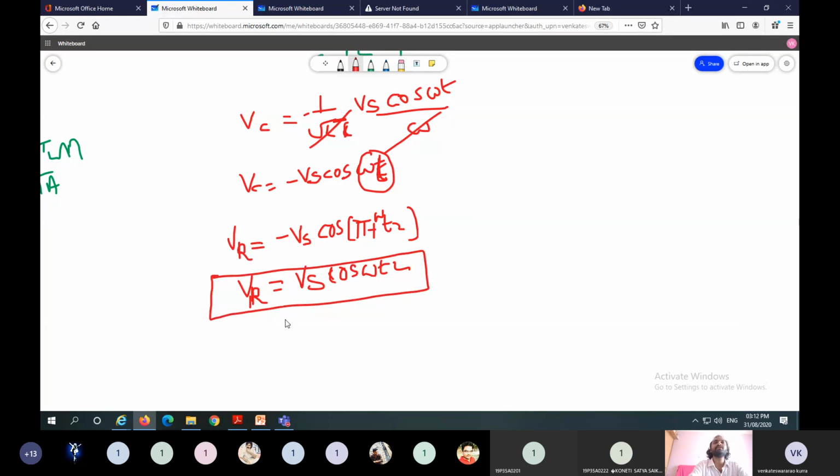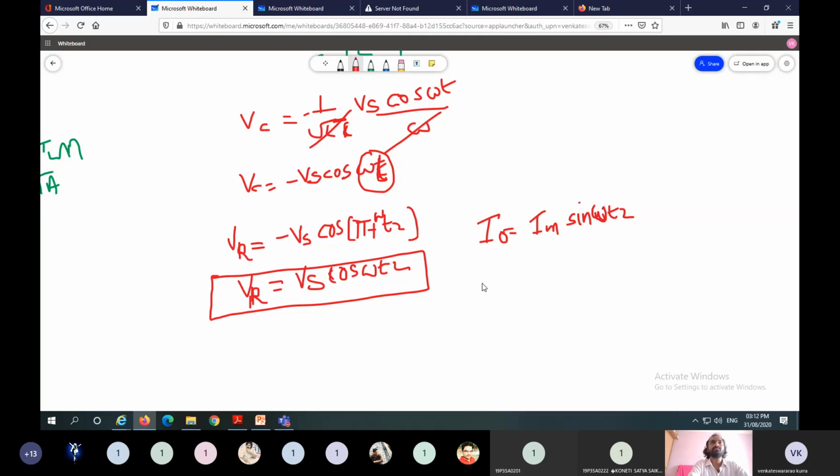To calculate T2, the current in the capacitor I naught equal to Im sin omega T2.